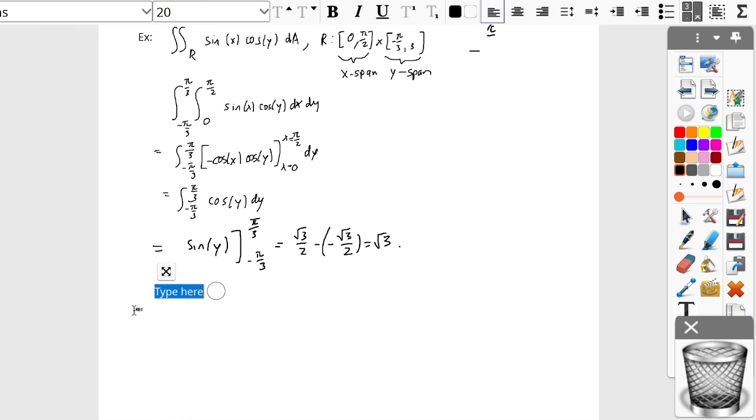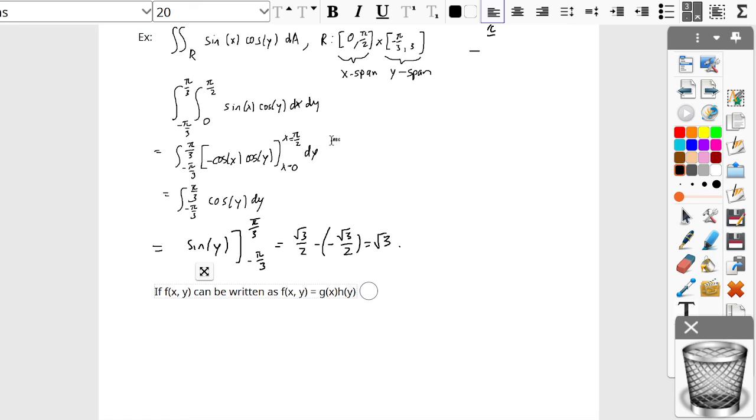It's basically if f of x, y is equal to g of x times h of y, which means that they are separable. So we just have x stuff multiplied by y stuff, an x function multiplied by a y function.